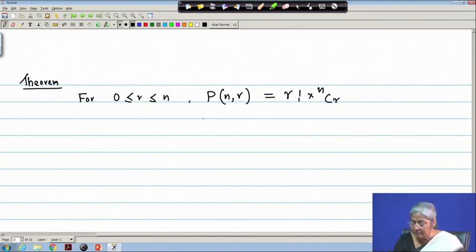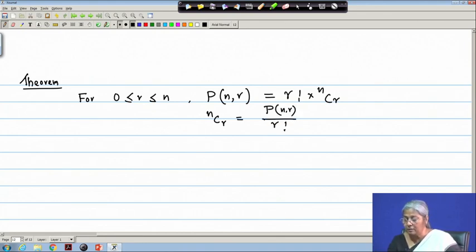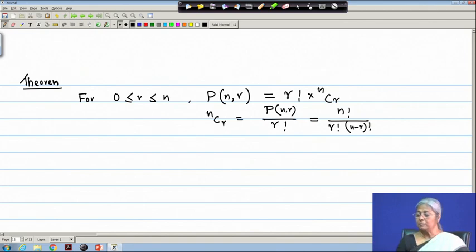So, I can write nCr is P(n,r) divided by r factorial. Already we know that P(n,r) is n factorial divided by (n minus r) factorial. Now, how can we give a proof?